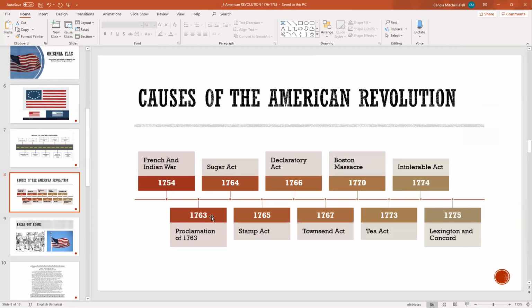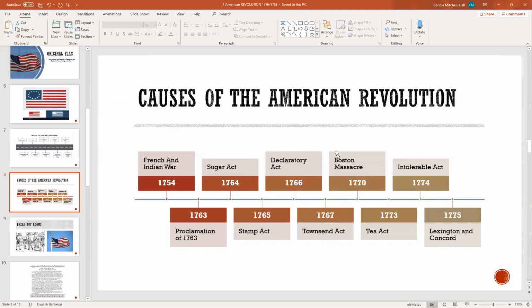Then after that, you had the Proclamation of 1763, the Sugar Duties Act of 1764, the Stamp Duties Act of 1765, the Declaratory Act of 1766, the Thousand Act of 1767.